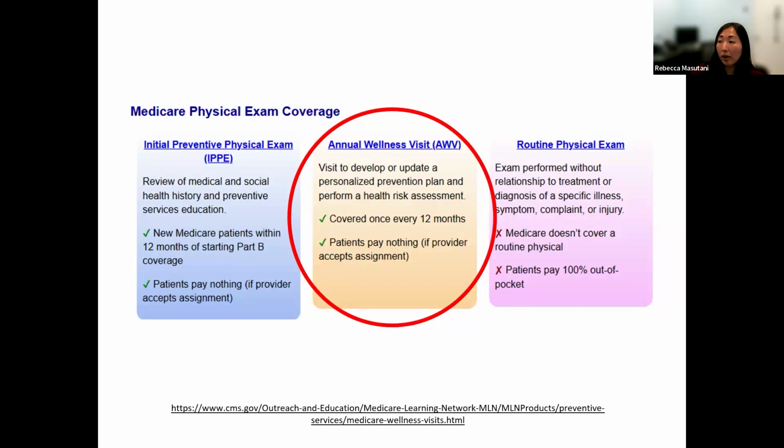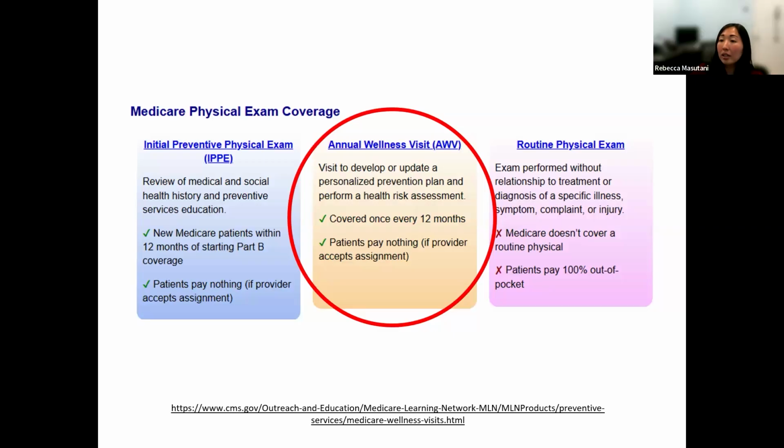So this graphic here is taken directly from the CMS Medicare Learning Matters website. And essentially it outlines the differences between the initial preventive physical exam, the annual wellness visit, which is circled here in red, and routine physical exams.